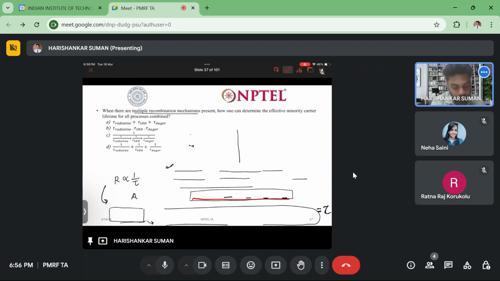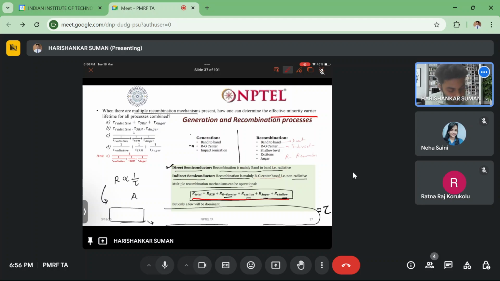Next question: when there are multiple recombination mechanisms, how can we determine the effective minority charge carrier lifetime? All the processes are involved. Recombination is inversely proportional to the lifetime, so use this relation.